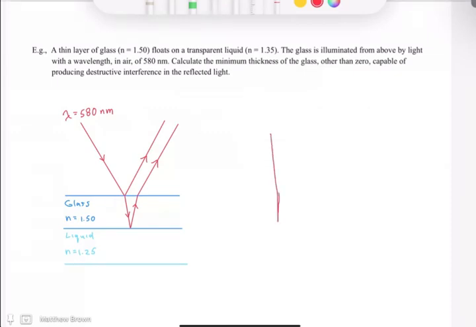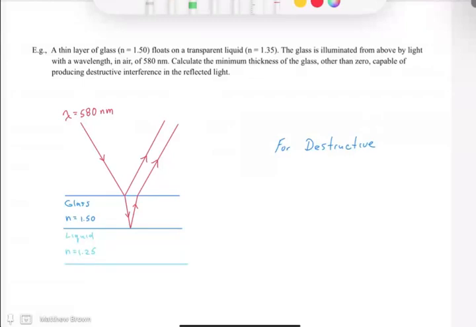So really the question is, for destructive, it's basically just which of those equations do we want, right?